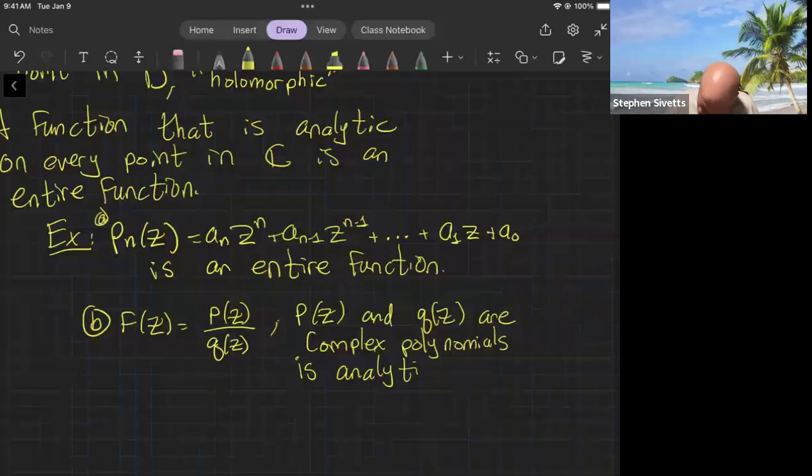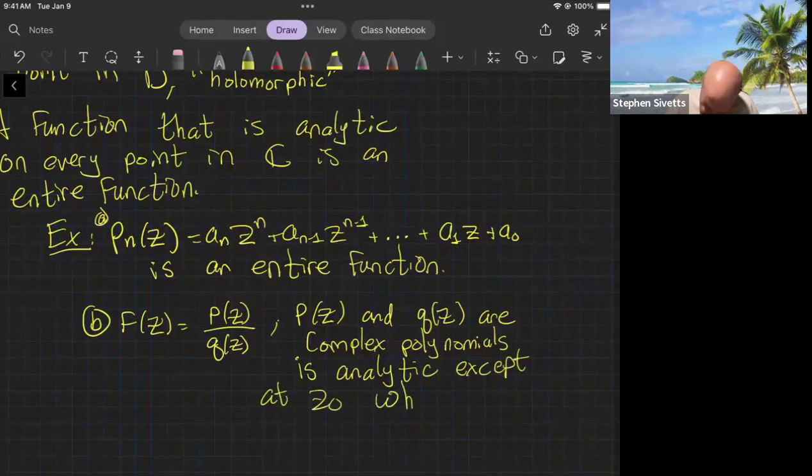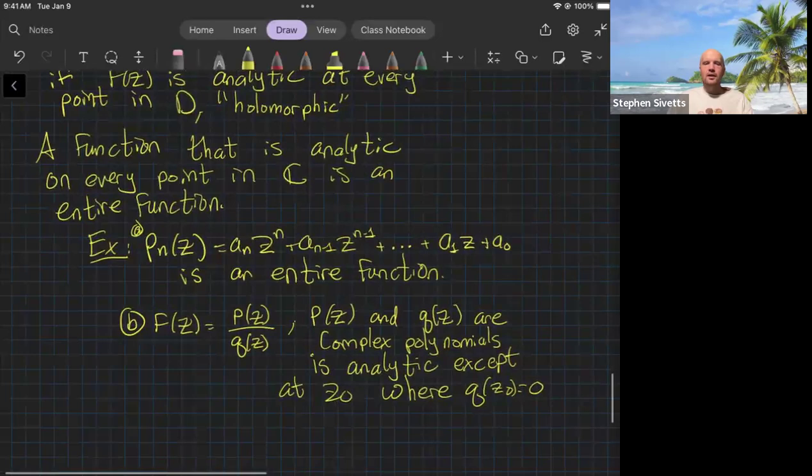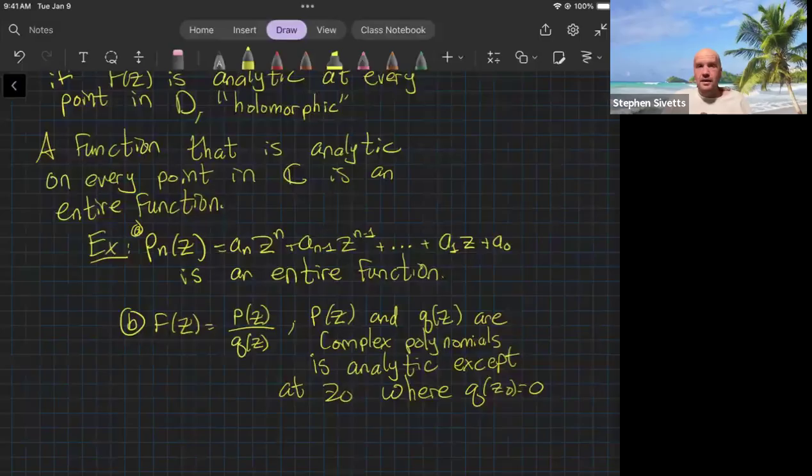A rational function is analytic except at some points z naught where q of z naught is 0. So those are the conditions for when a rational function is analytic.